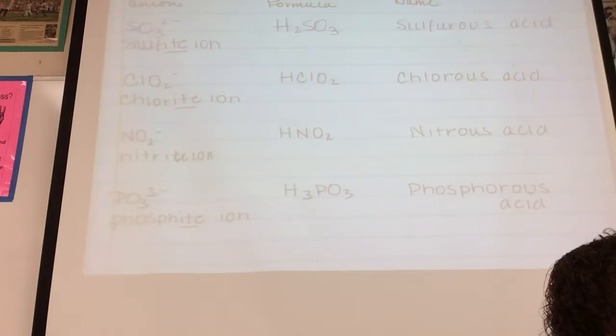So not everything that ends in ate that's a polyatomic ion can form an acid, not necessarily. Yeah, let's look this up during the break and get a better grip on it and see if it's actually a salt or more like acid poisoning.